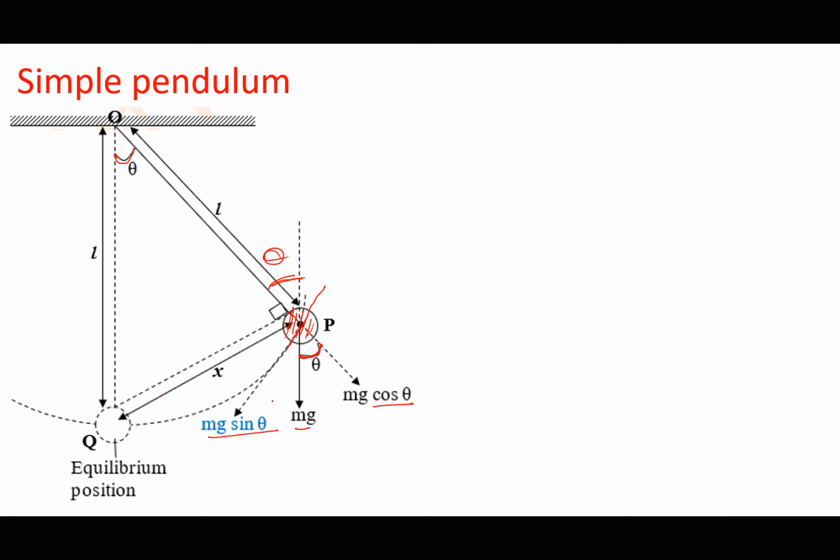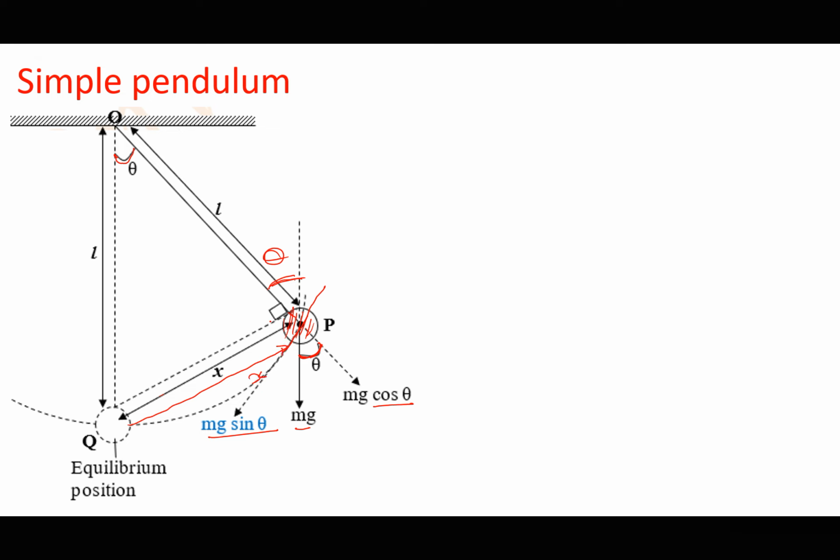Because this mg sin theta is a tangent to the circle which acts towards the center, it is the one which is going to be responsible for bringing the object back to equilibrium, and we are going to call it the restoring force. So in other words, mg sin theta is going to be called the restoring force because it tends to bring back the object to equilibrium position. Note that we can assume that the body had been displaced to the right hand side, so the displacement was in that direction.